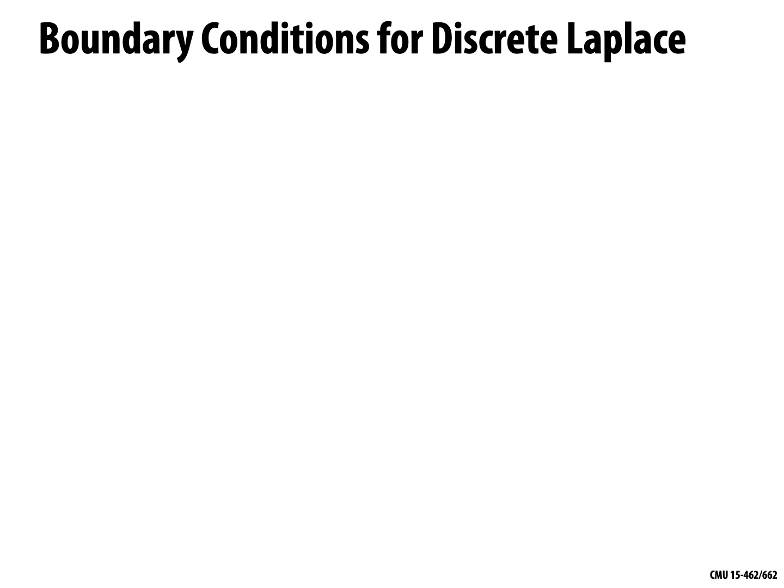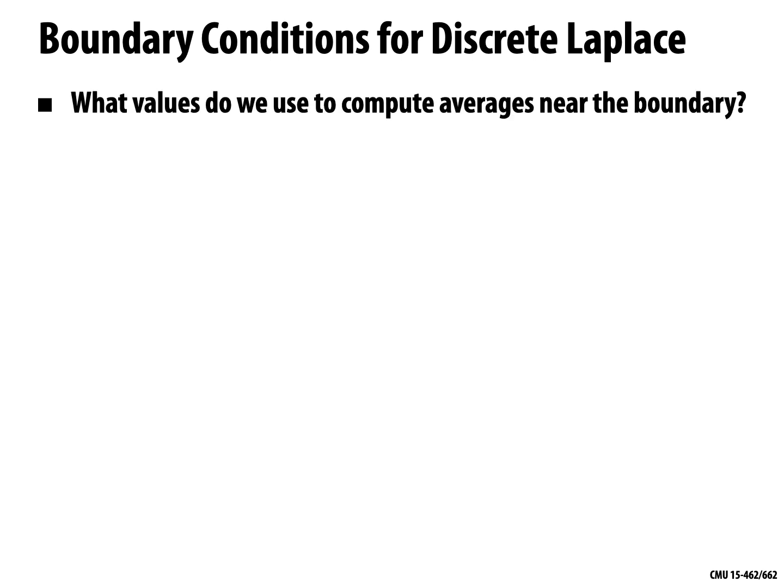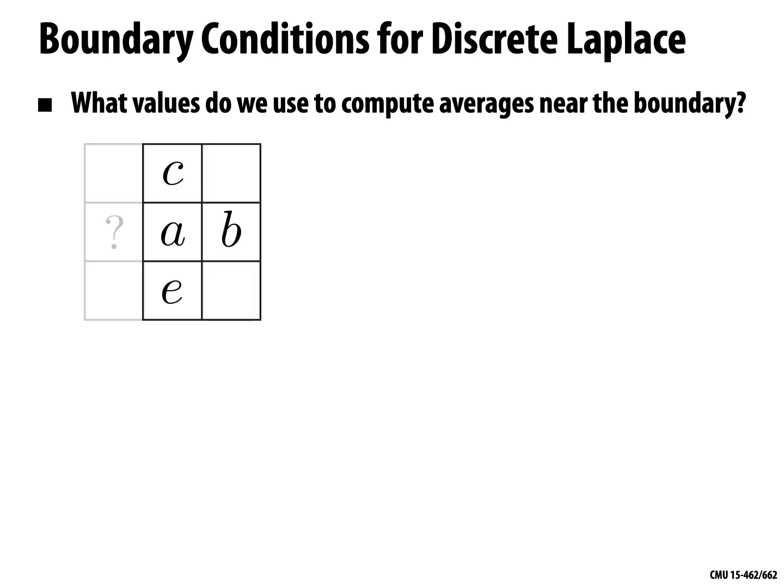But to get some interesting behavior, we need to actually say what the boundary values are. We need to think about how we compute averages near the boundary. So let's say we're at a boundary point A, and when we look to the left to grab our neighboring value, what do we do there?